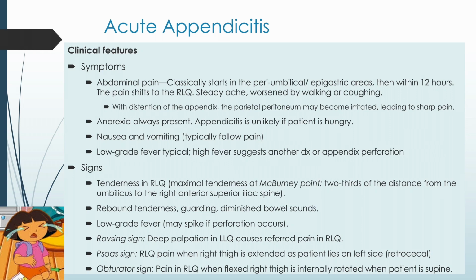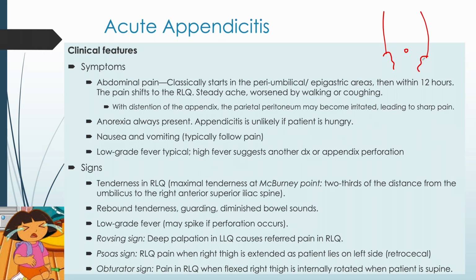Signs: tenderness in the right lower quadrant, maximally at McBurney's point, which is 2/3 the distance from the umbilicus to the right ASIS. If you need a diagram of what that is, here's the trunk, the abdomen, here's the umbilicus, and then you have your hip bones. They have this ASIS on each side.